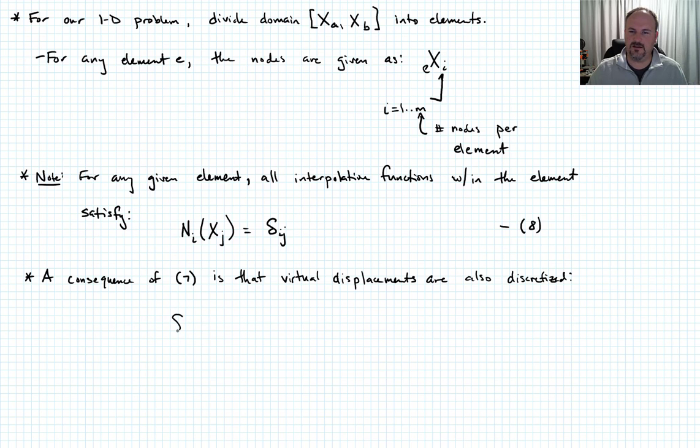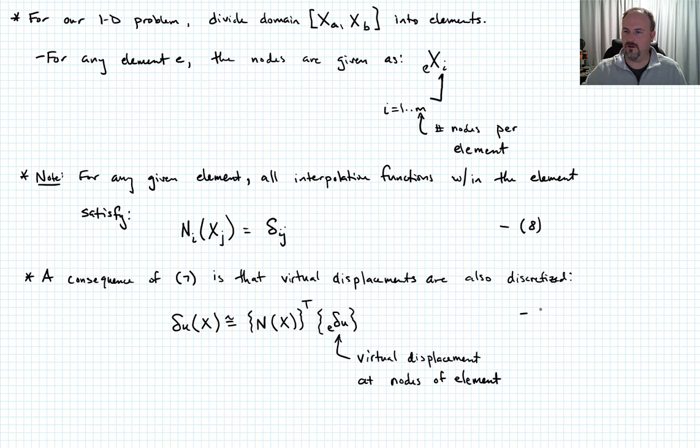That means I can write that delta u, this is the approximate, which is going to be a function of x, is going to be approximately equal to n, which is a function of x, transpose, times delta u sub e, where this is the virtual displacement at the nodes of the element. Okay, we'll call that equation 9.